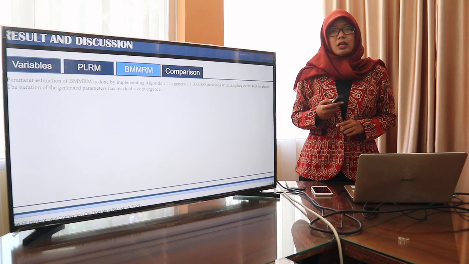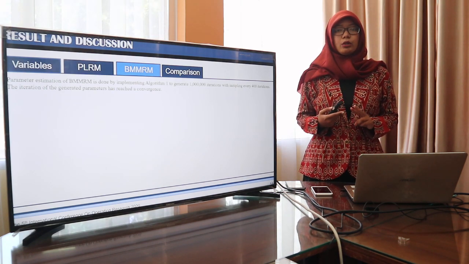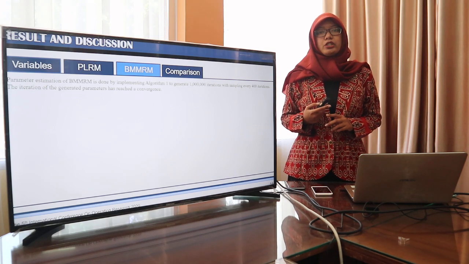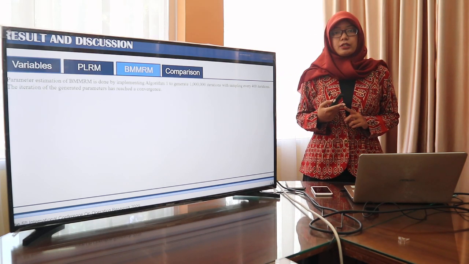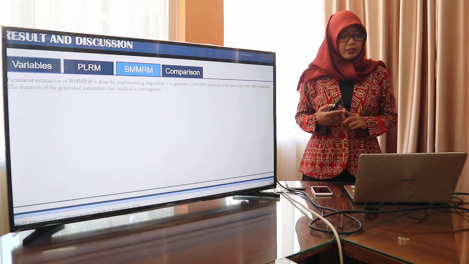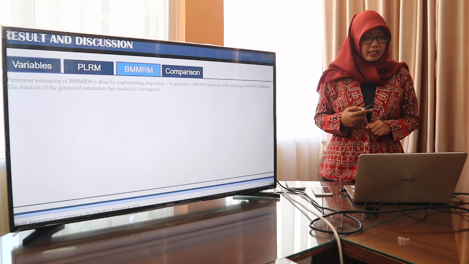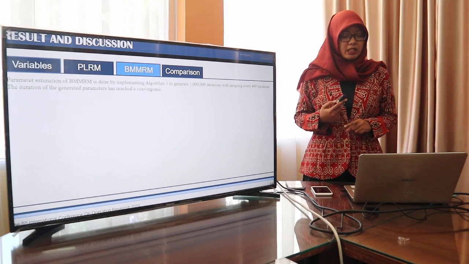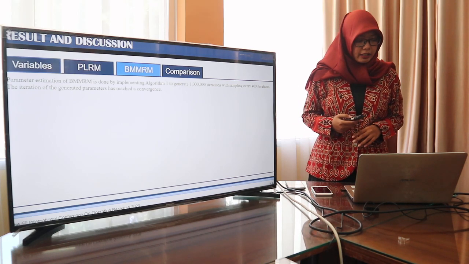BMMRM was obtained as a mixture multinomial distribution with 2 components, with a pseudo prior which uses the result of PLRM for each category and each component. Parameter estimation of BMMRM is done by implementing the algorithm to generate 1 million iterations with sampling every 400 iterations.